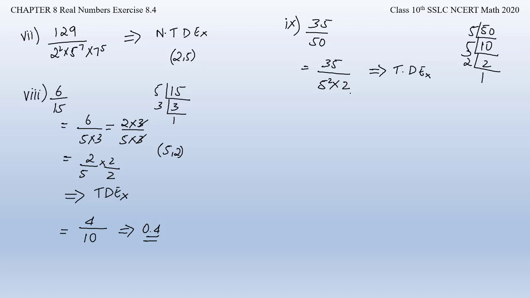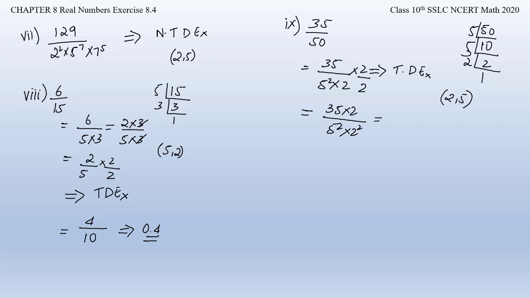Now let us determine the equivalent decimal expansion of this number 35 by 50. So we have to create a pair of 2, 5 with equal powers. We can observe here that the powers are not equal, so we will multiply the numerator and the denominator by the number 2. After multiplying we get 35 into 2 divided by 5 square into 2 square.